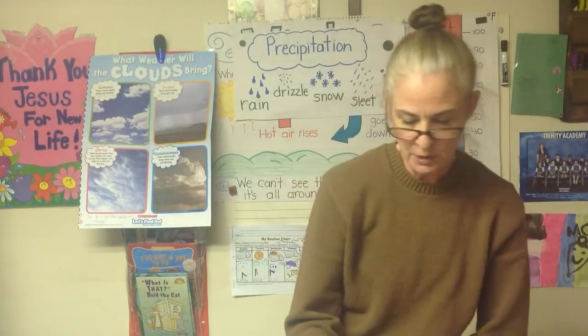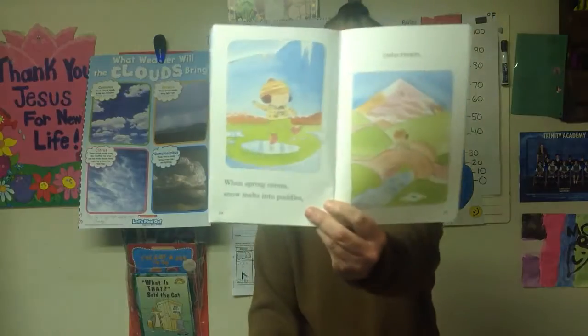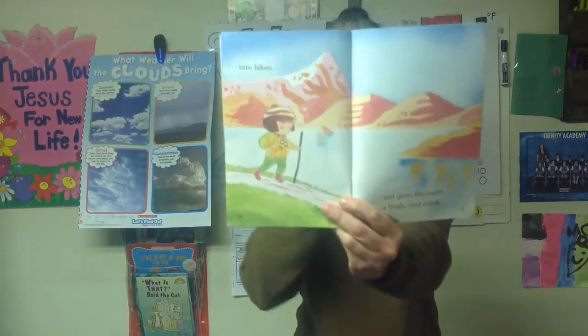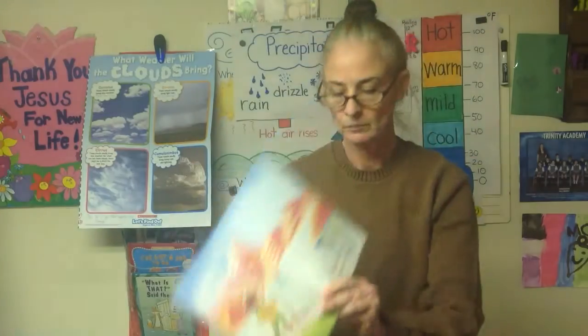When spring comes, snow melts into puddles and into rivers, into lakes and gives the earth a fresh, cool drink. But while winter is here, snow makes the cold world beautiful.